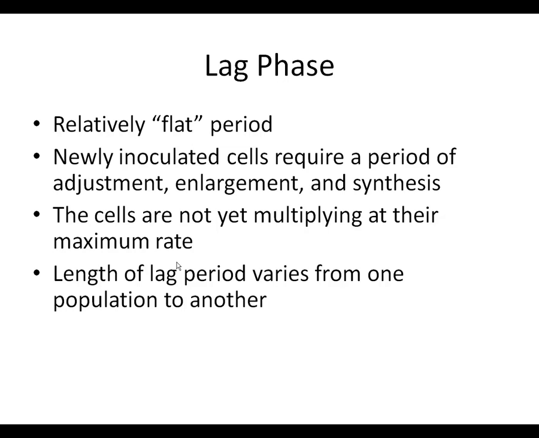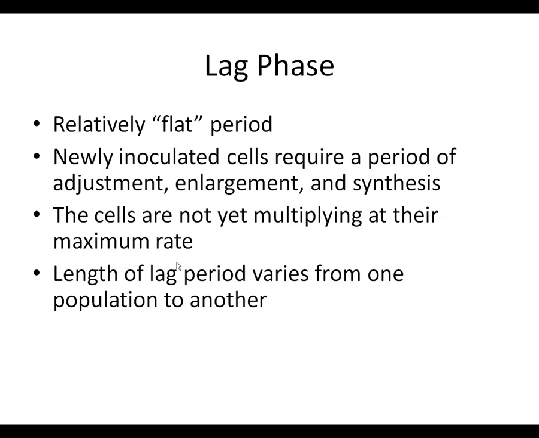This is where cells are going to get bigger. They're going to start synthesizing products that are going to be repair structures, so you have some cells here that are not growing necessarily in number, but more in size. These cells are not multiplying at their maximum rate.